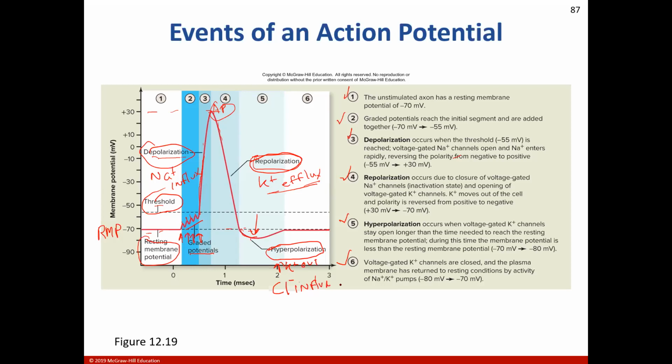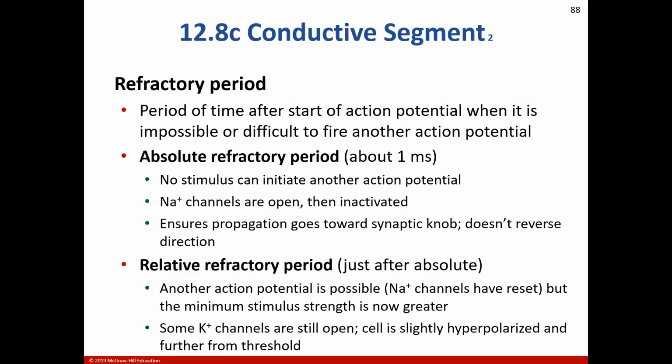So that has to do with hyperpolarization, not just repolarization. Chloride doesn't have anything to do with repolarization most of the time, at least for our purposes. So you really have to understand this page. I really like this page, and all the pages before build up to this. It's a difficult topic.